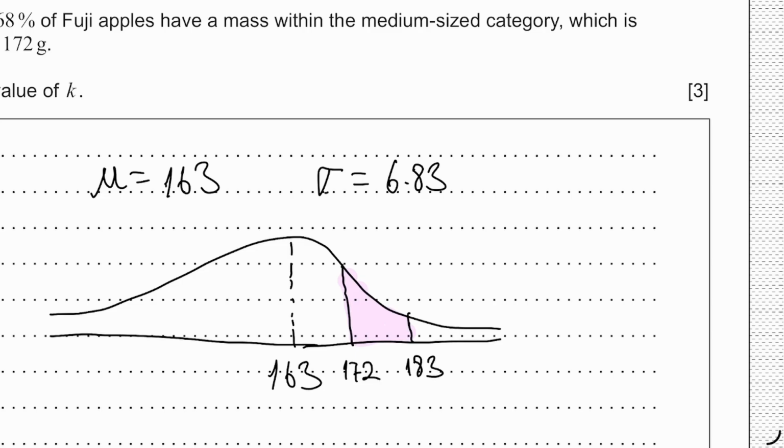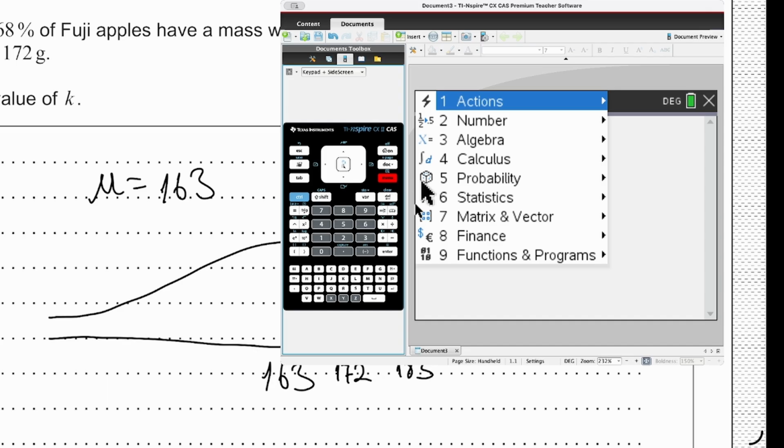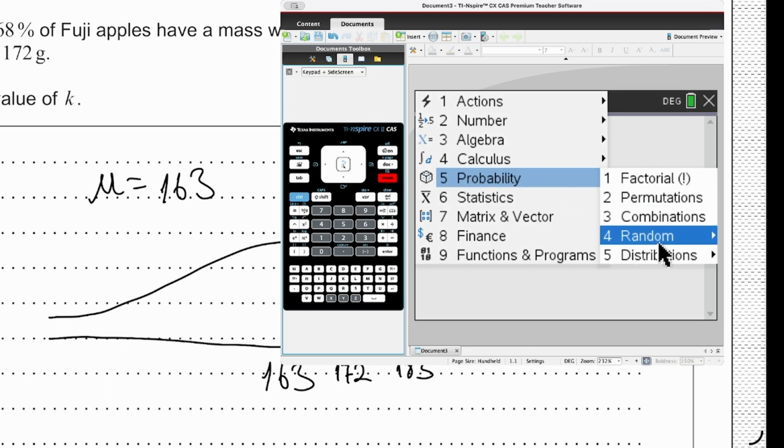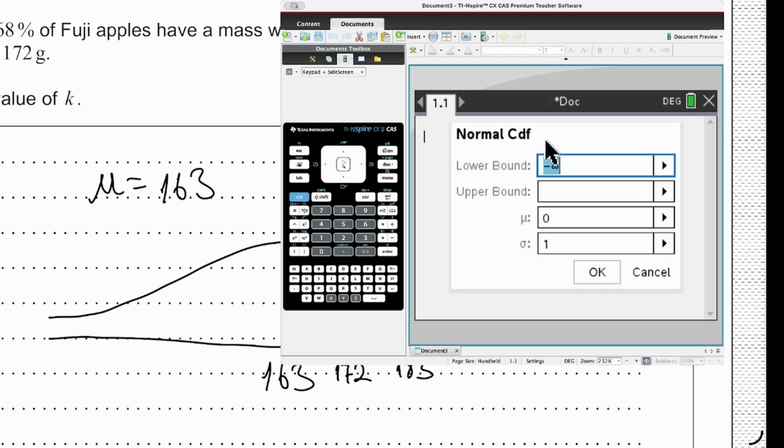So let's bring out our calculator. We need to go to menu, calculate, probability, distributions, and this is a range, so we need to use the normal distribution, normal CDF. Lower bound 172, upper bound 183.